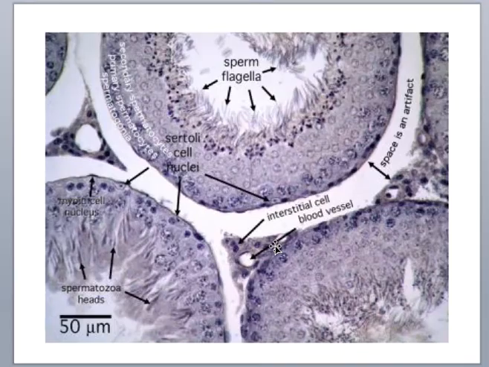Now, if I have a pointer along the periphery of a seminiferous tubule and I ask what's the specific structure, you would say spermatogonia. And remember, these spermatogonia are the stem cells which are capable of undergoing mitosis and meiosis. As they undergo meiosis, they migrate through the seminiferous tubule.